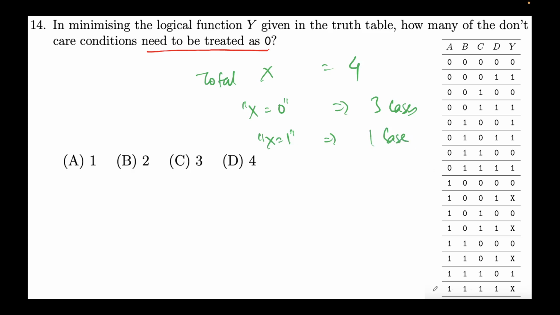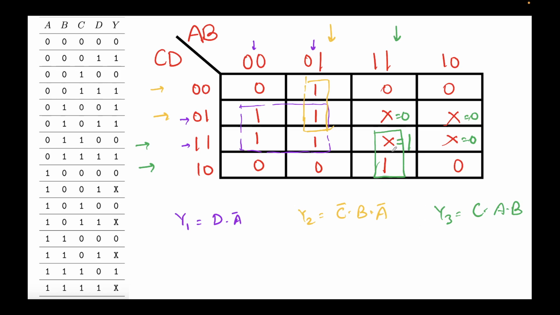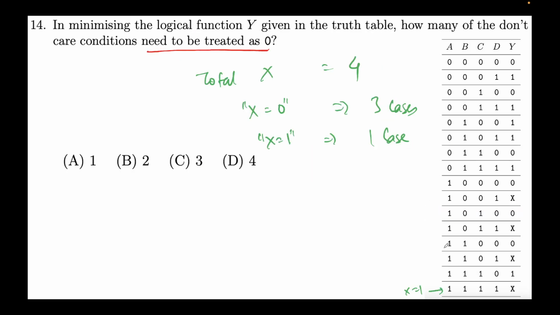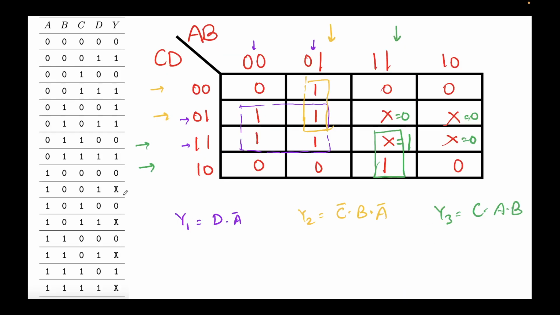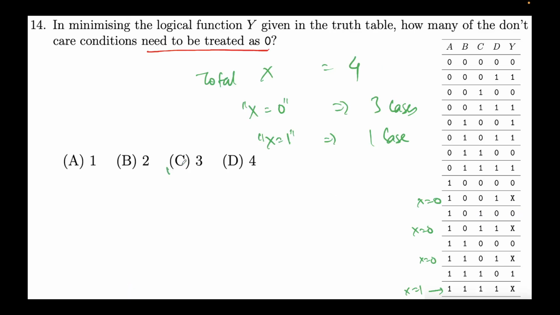Which was that case? It was this case. Here we took x equal to 1. You can see it here, 1 1 1 1, x equal to 1. The rest x was 0 here, 0 here and 0 here, which you can see in these 3 rows, 0 0 0 1 here. So the answer would be 3.